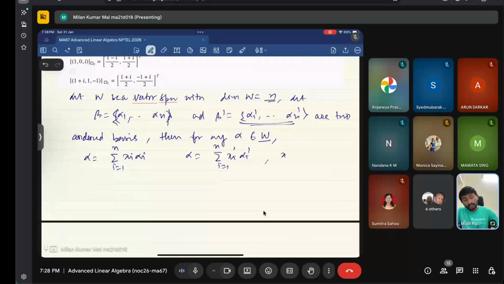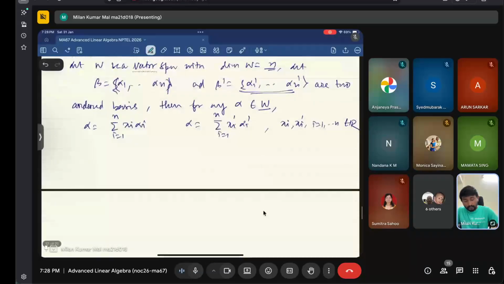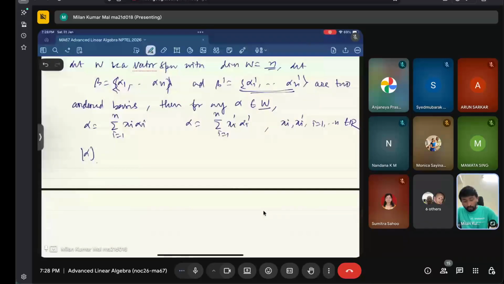Here both xi and xi dashed for i equals 1 to n all come from the set R. Now, alpha with respect to the first basis is called the coordinate vector. And here alpha with respect to this basis, this is the coordinate vector.